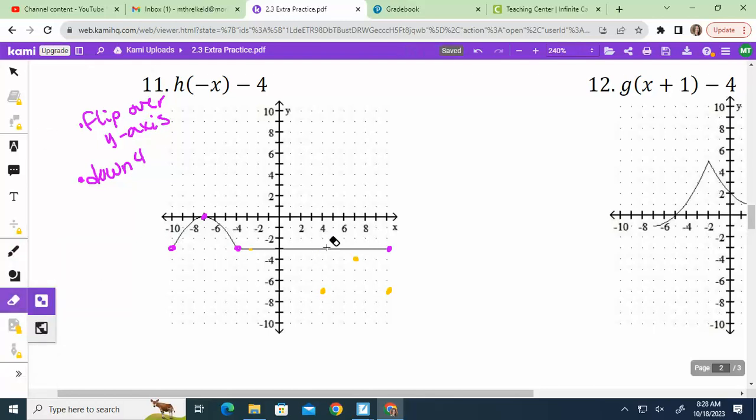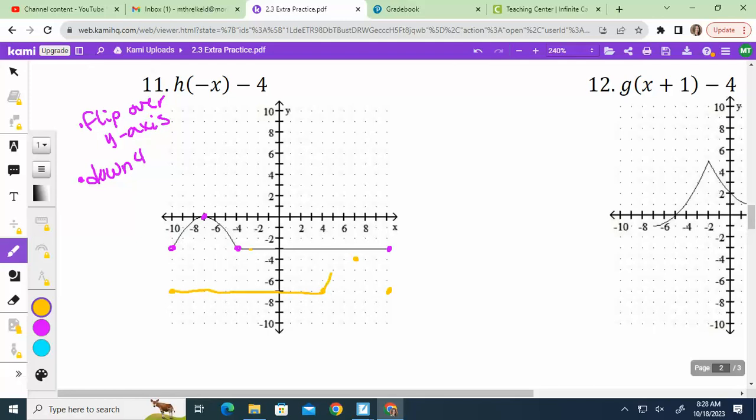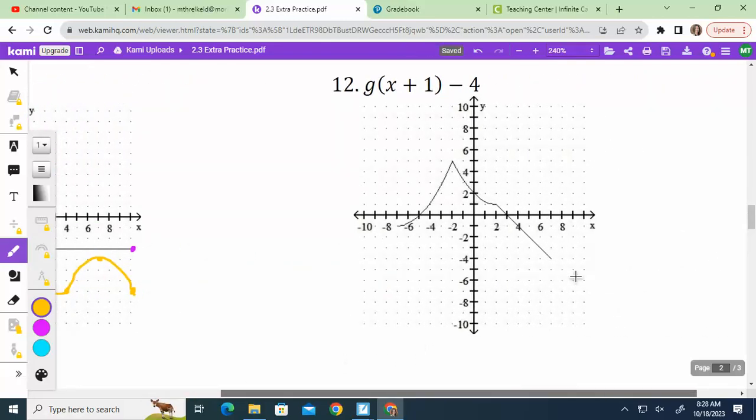Last one. What's it going to do? Left one, down.